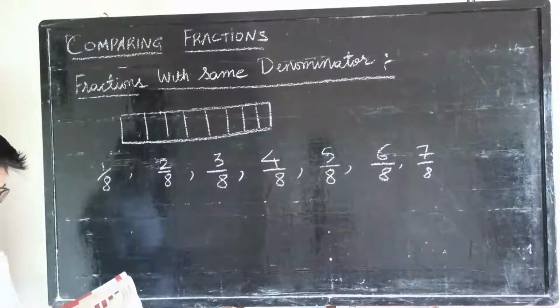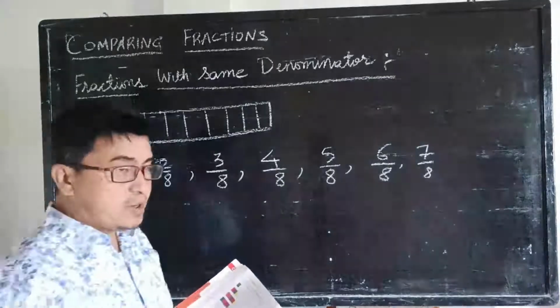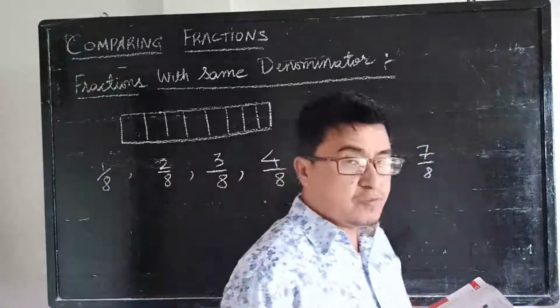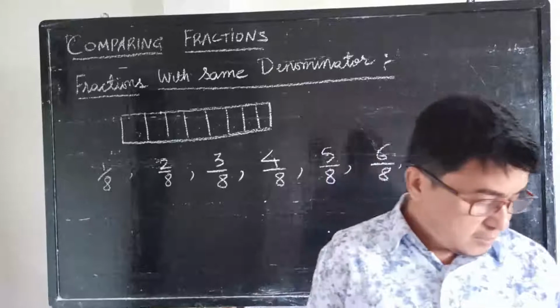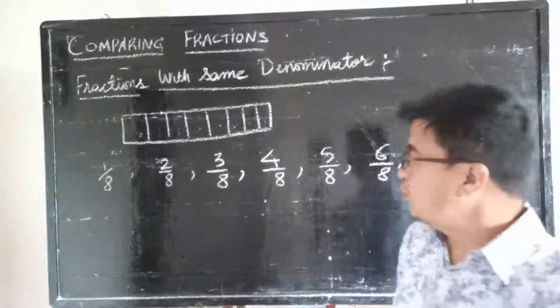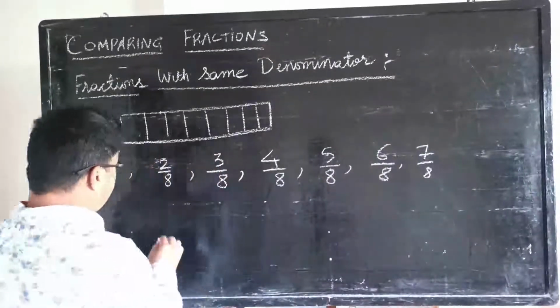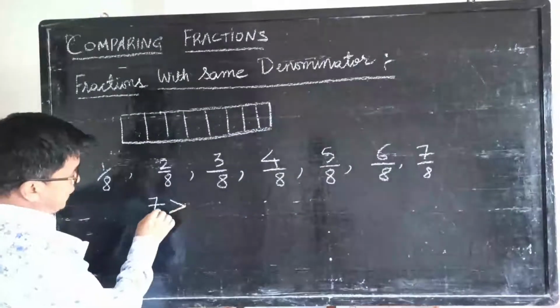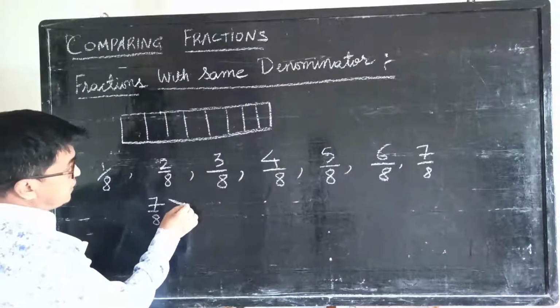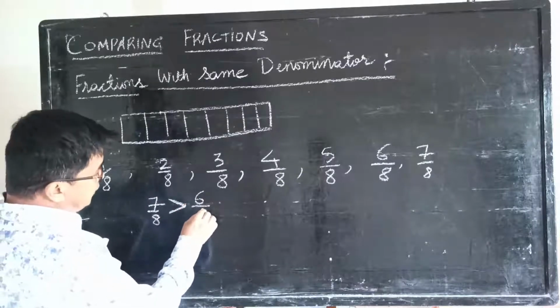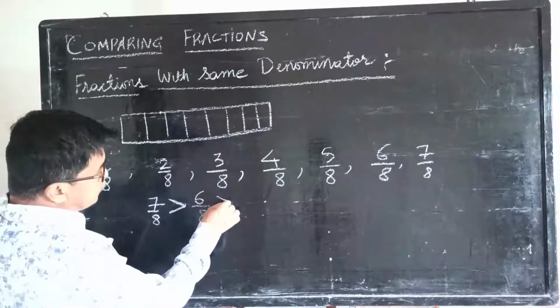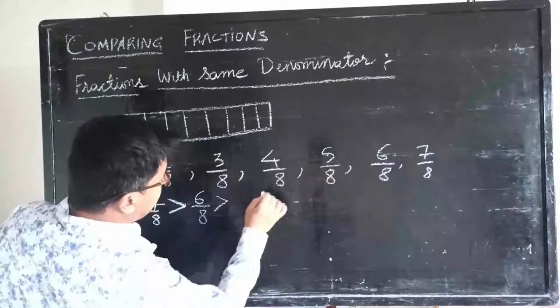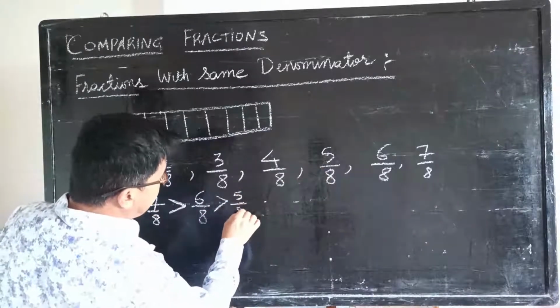The number of shaded parts is different in each bar. We find that 7 upon 8 is more than 6 upon 8. 6 upon 8 is more than 5 upon 8.